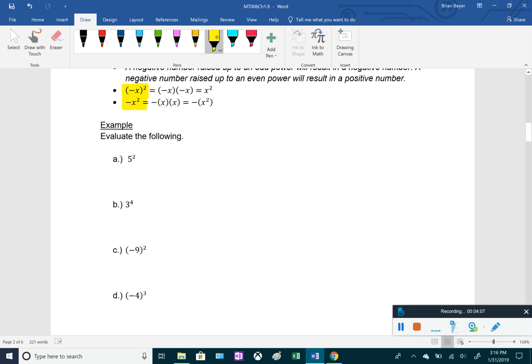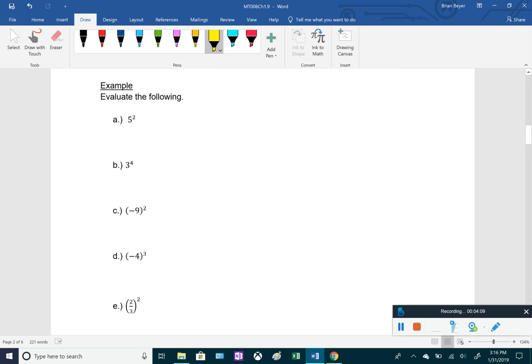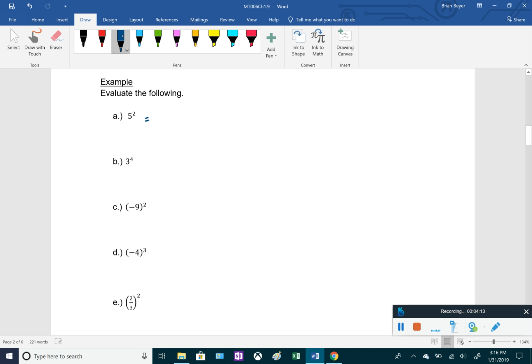So let's see some examples here. For the first one, we have just 5 squared. That's just equal to 5 times 5. Hopefully we can do a bunch of these in our head. That's just equal to 25. 3 to the fourth, I think I did this one on the other page. 3 times 3 times 3 times 3 gives us 81.